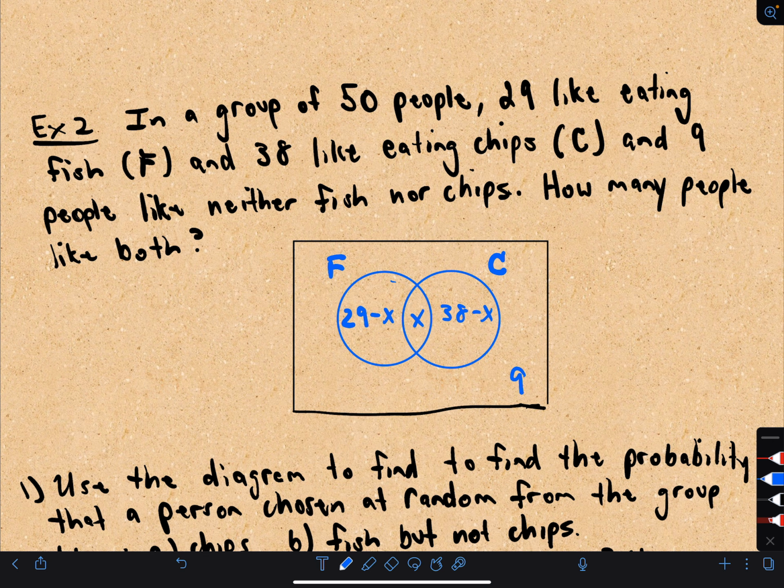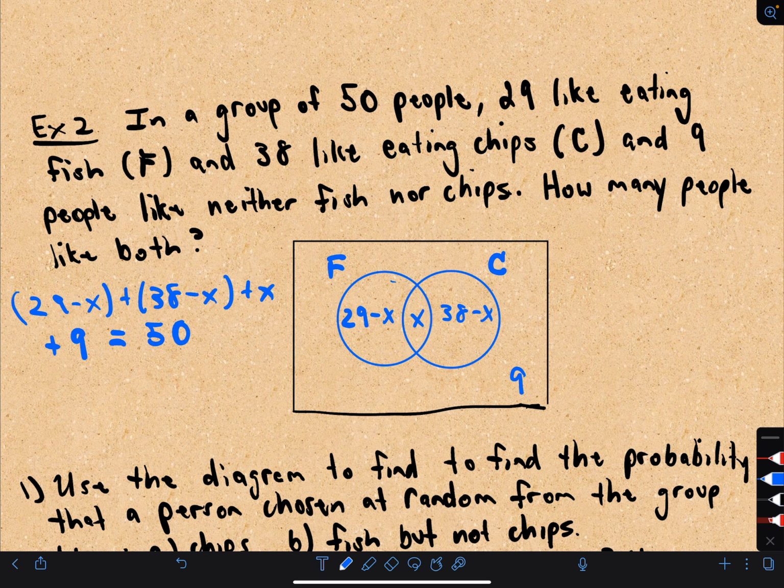So let's see if I can fit this in here. So 29 minus X, that's the people that like fish only, plus 38 minus X, that's the number of people that like chips only, plus X, that's the number of people that like both fish and chips, plus 9, that has to equal the total number of people that we were looking at, which is 50.